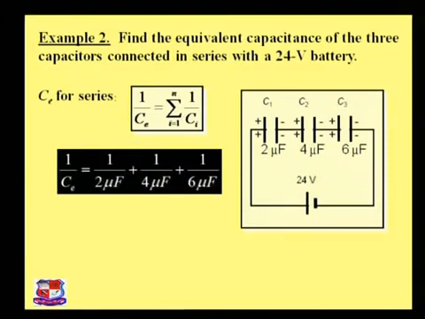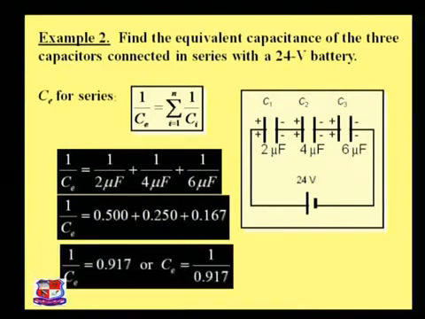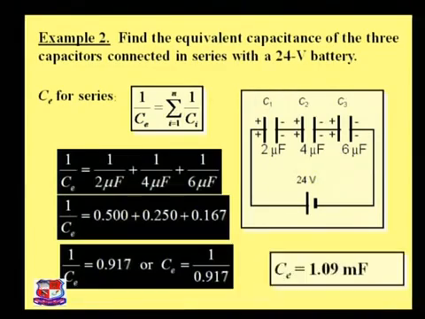By solving that we find that 1 by C equals 0.917, so C equals 1 by 0.917 microfarad. It gives you C equals 1.09 microfarad, or millifarad as stated, that is 10 raised to minus 3 farad.